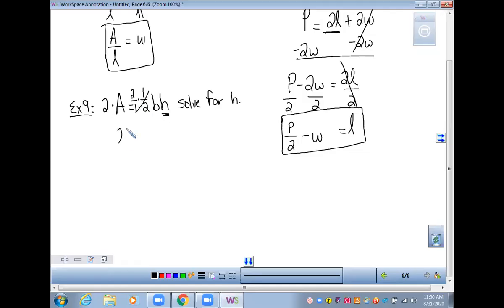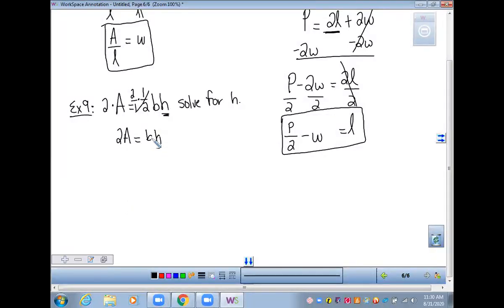So this is going to be 2A equals B times H. Again, we're trying to get H by itself. How am I going to get rid of that B? All right, is this a plus sign between them?